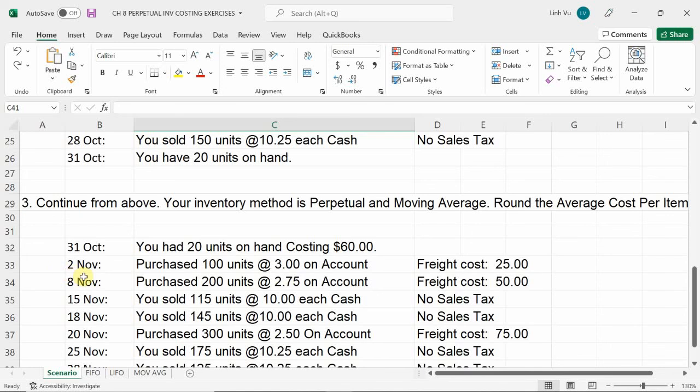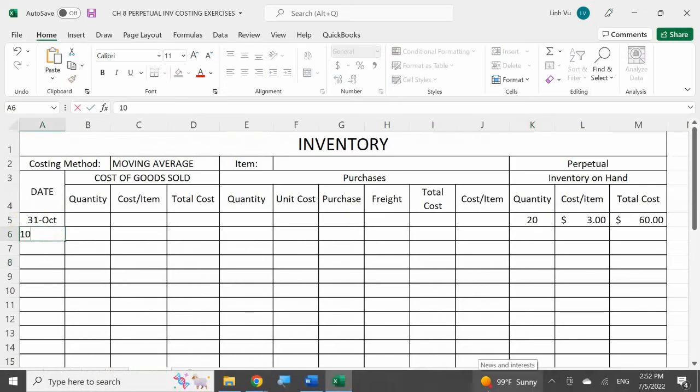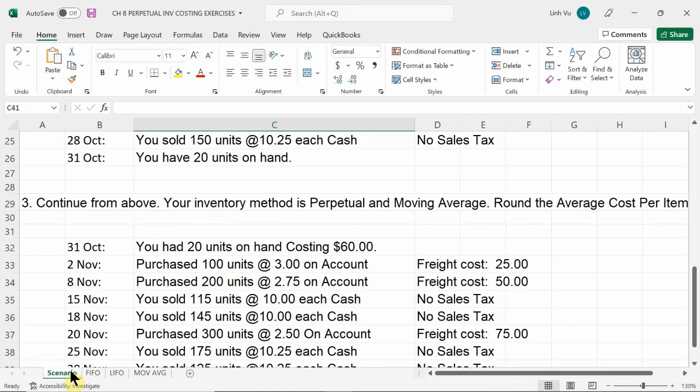On November 2nd, we end up purchasing 100 units at $3 each with a freight of 25. So, moving average, November 2nd, we purchase 100 units at $3 each with the freight of 25. Okay.